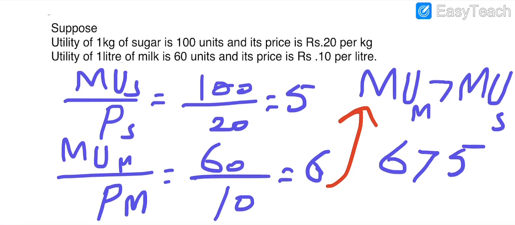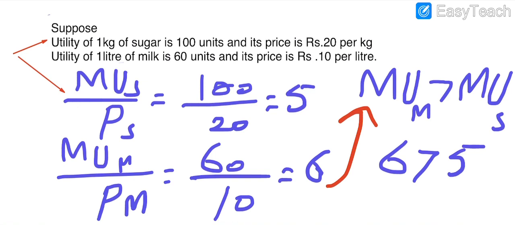I am going to have total utility from sugar, and how can I measure it? You can see here that total utility from 1 kg of sugar is 100 and its price is 20 rupees. 100 divided by 20, we get 5.